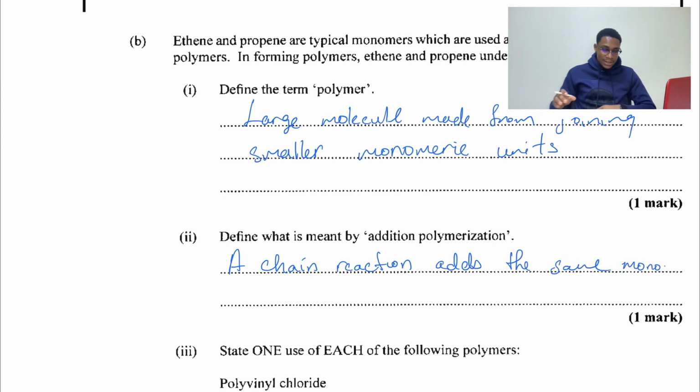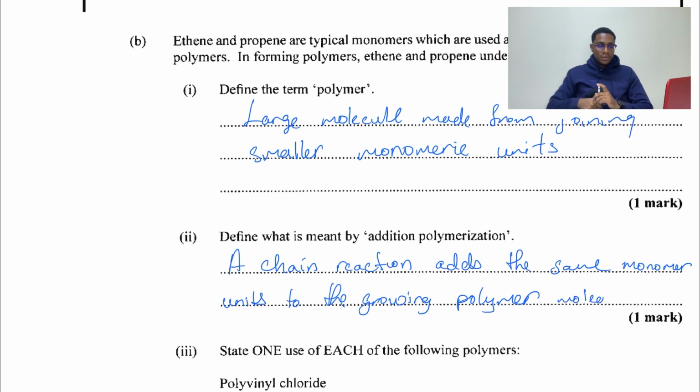Addition polymerization is just a chain reaction that adds the same monomeric unit to the growing polymer molecule, one at a time, through the use of double or triple bonds in the monomer, right? So remember, the double or triple bonds, those are electron-rich regions, all right?